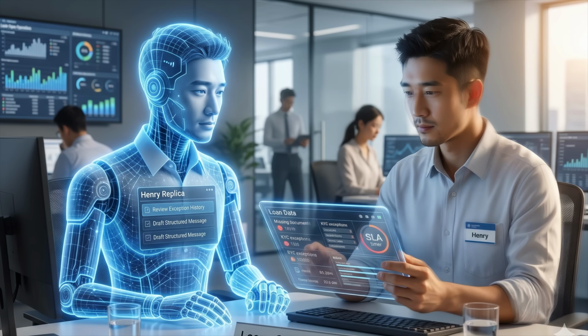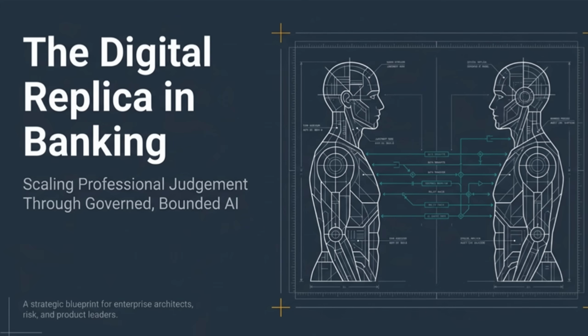A digital replica is not an AI clone, and it is not a chatbot pretending to be a person. It is a governed AI representative that learns how a professional works within a specific role and context. In banking, that context is critical.